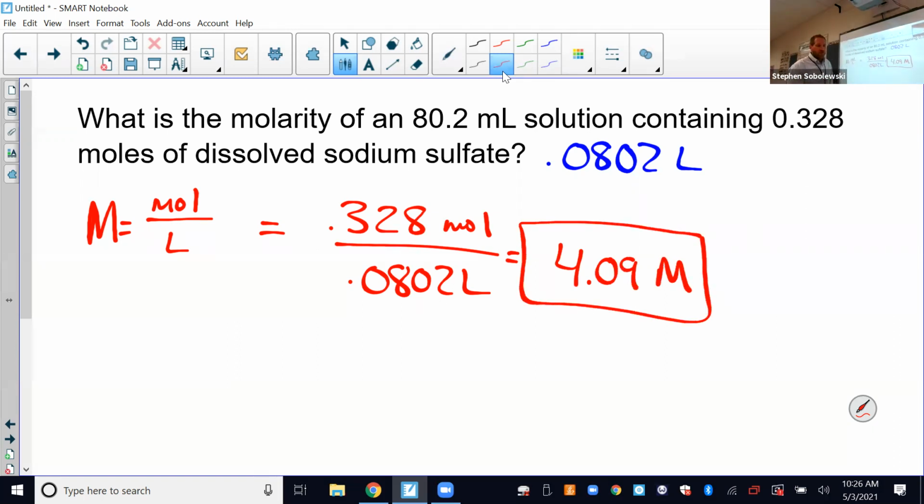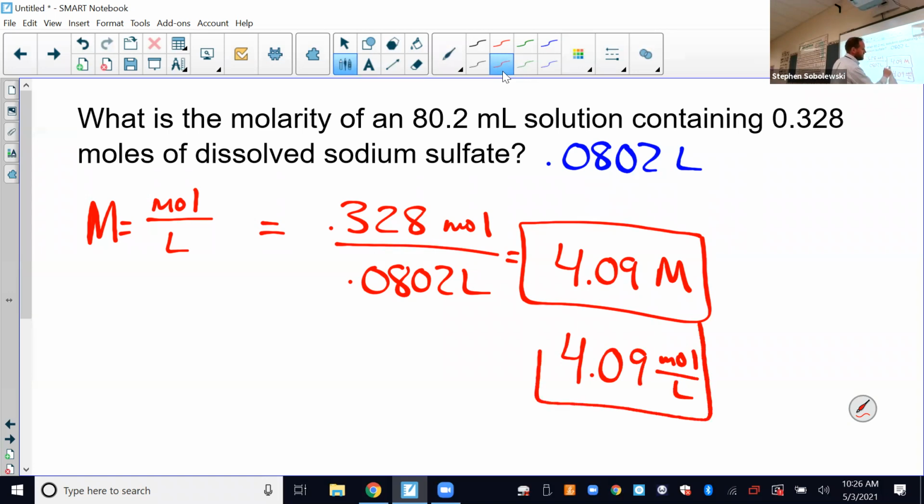I guess technically another way you could write this, it's less common, but it is correct, would be moles per liter. So either of those would be acceptable answers. And again, the way you would phrase this, 4.09 molar.